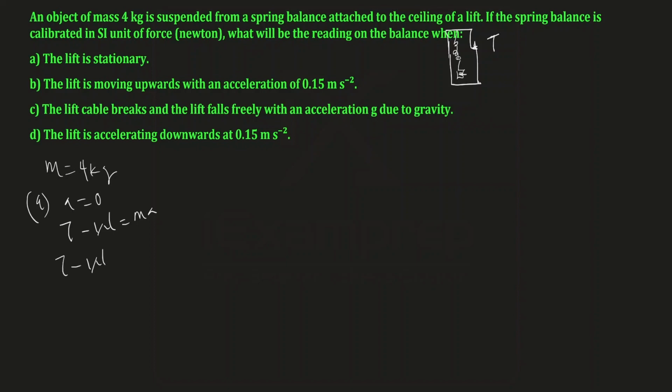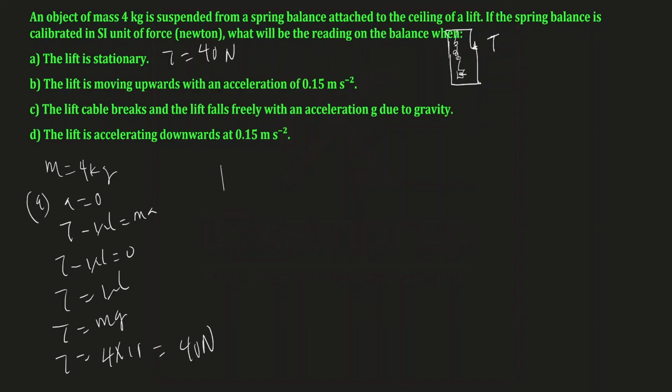So tension minus weight is equal to 0, then tension will be equal to weight, and that is equal to mg. The mass is 4. I'll take g to be equal to 10. That is equal to 40 Newton. So the reading on this scale, that spring balance, when it is stationary, is equal to 40 Newton.